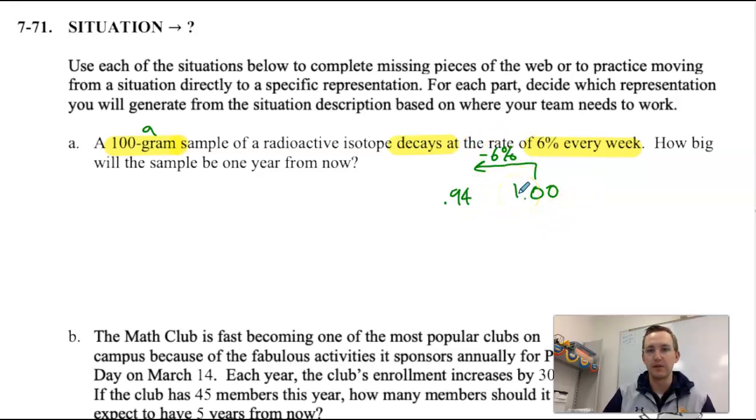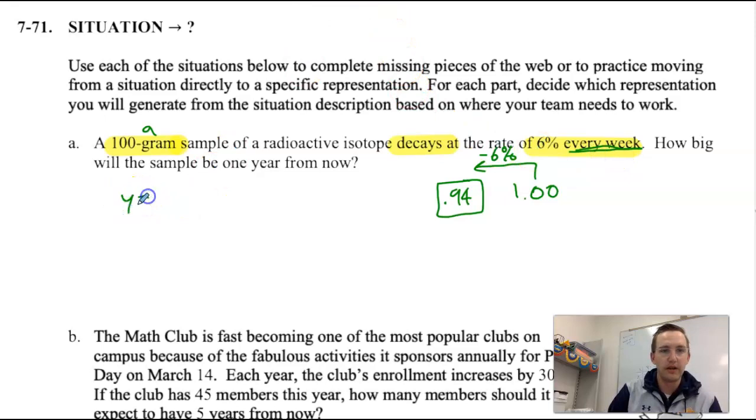And that is going to be our multiplier. So 0.94 will be our multiplier here. Another very important note is that x represents the number of weeks in this case. So our equation: y equals 100 times 0.94 to the x.